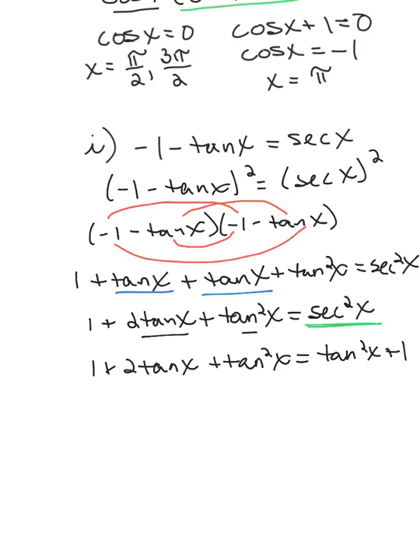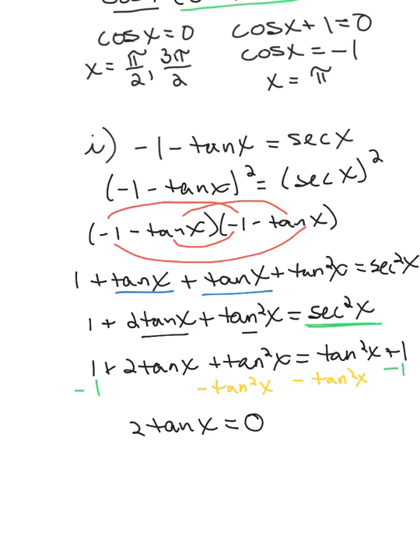Now, all of the functions that I have are exactly the same. So I am going to set this equal to 0 because I have squares. If I subtract 1 from both sides and subtract tangent squared from both sides, I wind up with 2 tangent of x equals 0.